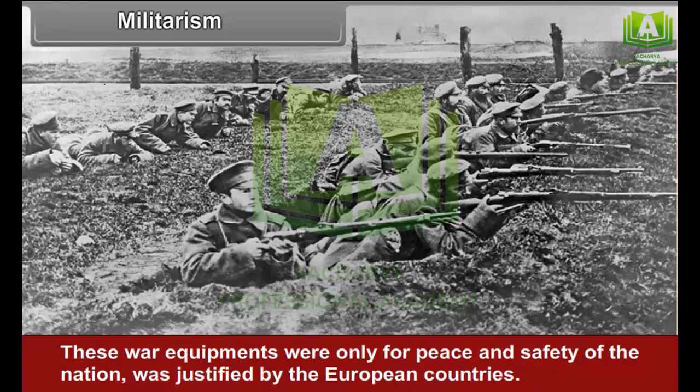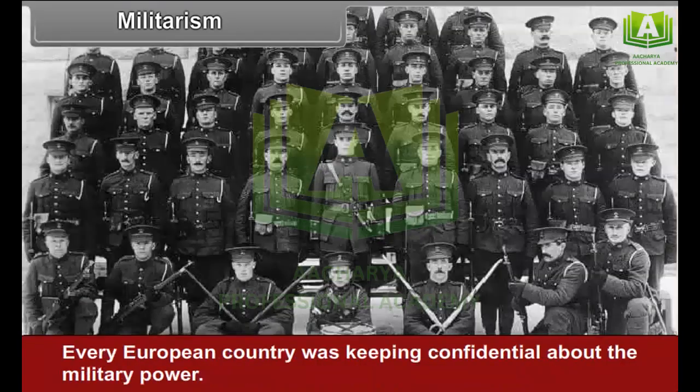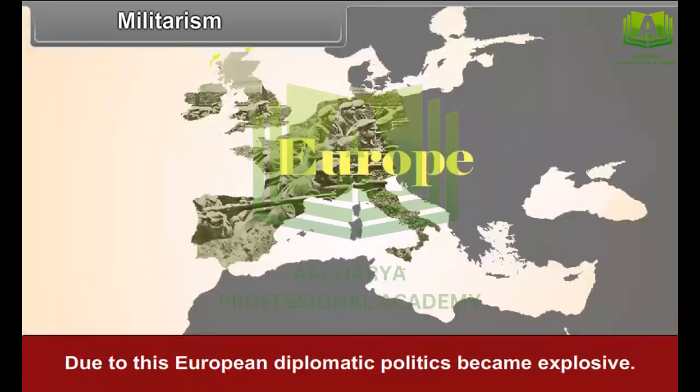These war equipments were only for the peace and safety of the nation, was the justification given by the European countries. Every European country kept its military power confidential. Due to this, European diplomatic politics became explosive.